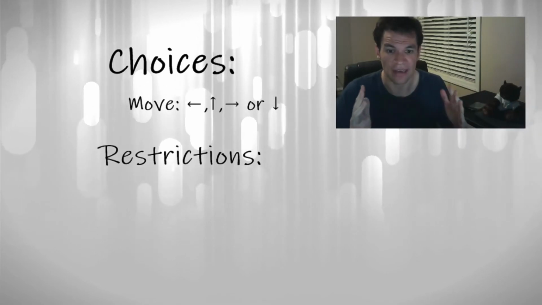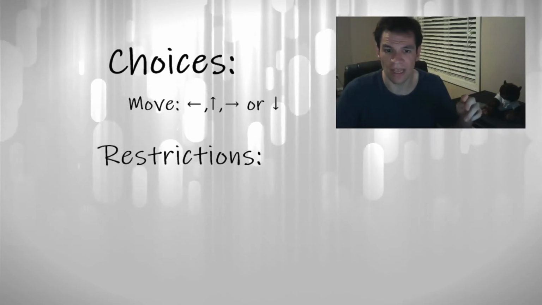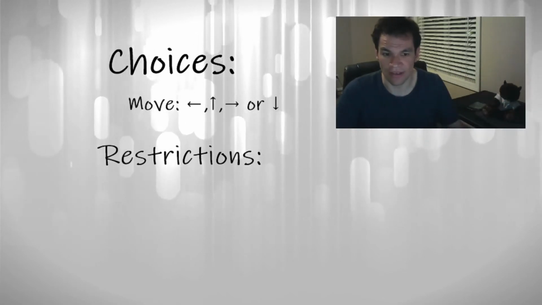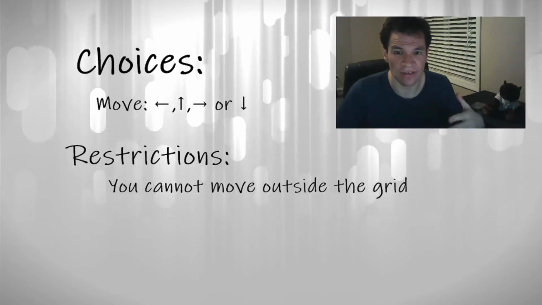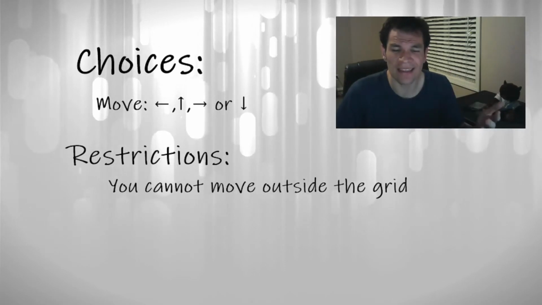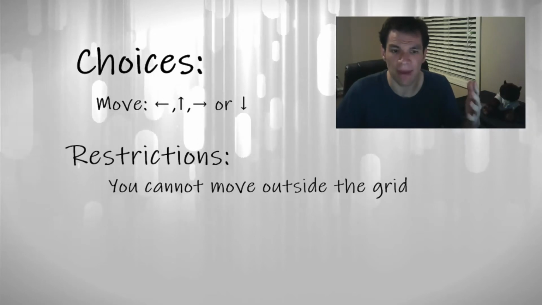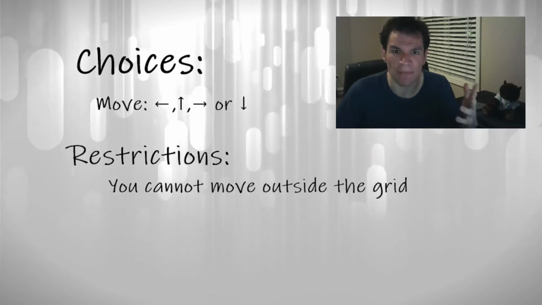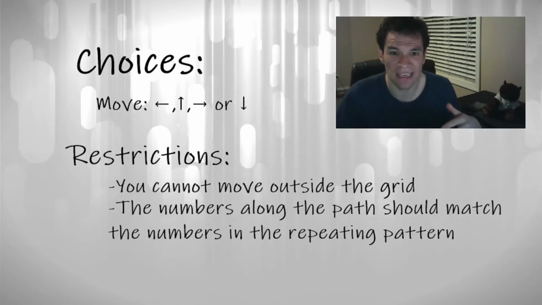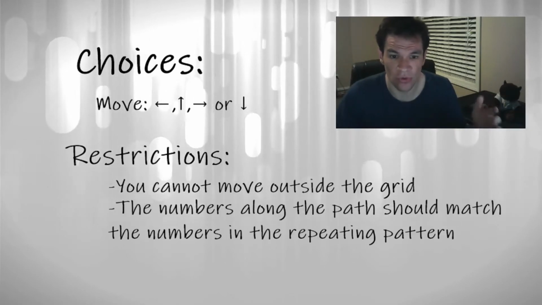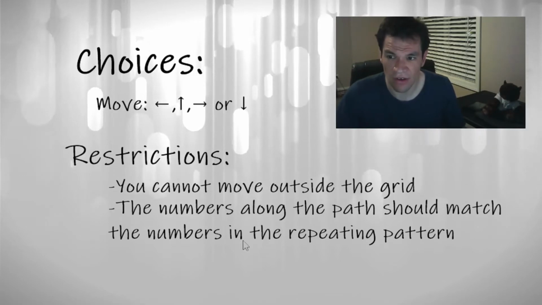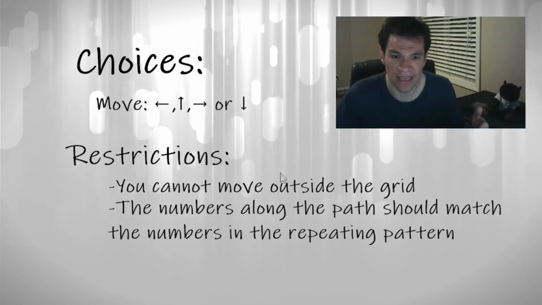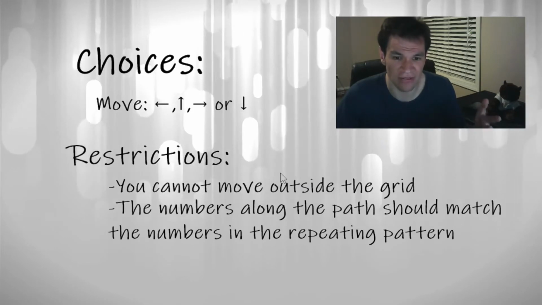Let's summarize them. One of them is that you cannot move outside of the grid. And the second restriction would be that the numbers along the path should match the numbers in the repeating pattern. I hope it's clear that the two restrictions fully represent how the path should be in order to fully solve the problem.